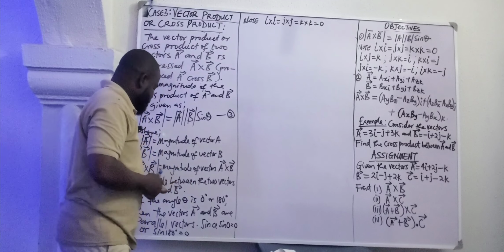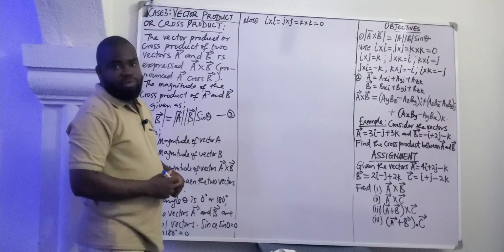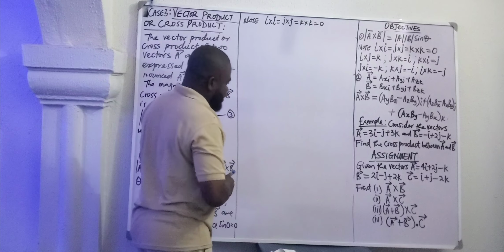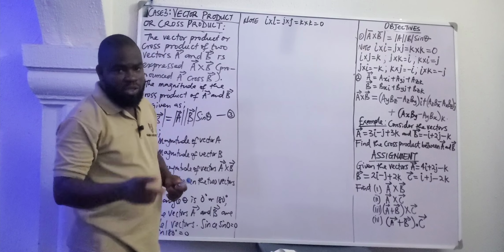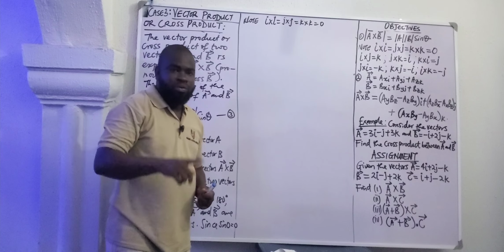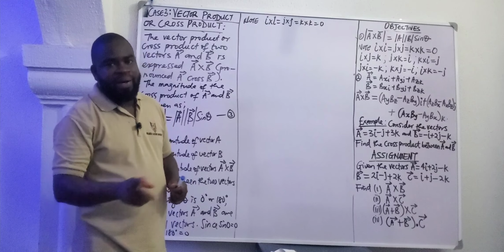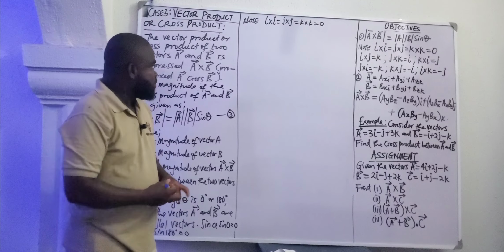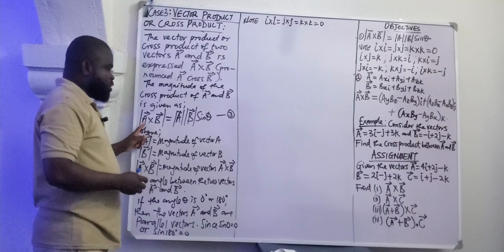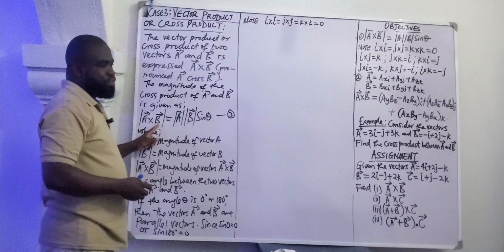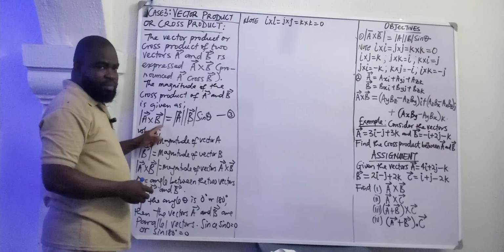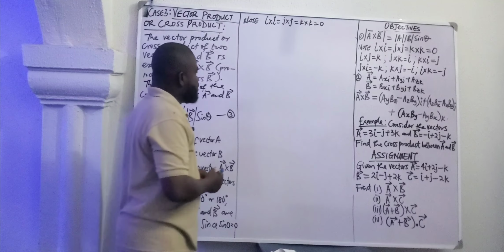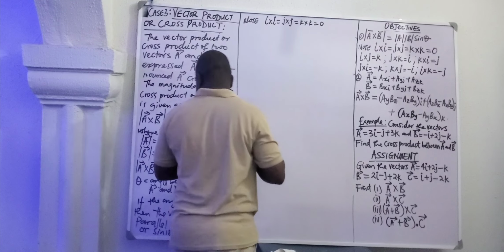So the unit vectors are 0 once the two vectors are parallel to each other. So if in a question they say prove that vector A and B are parallel vectors, it means show that you cross vector A and vector B together. Find the magnitude. If it gives you 0, you know that they are parallel to each other.